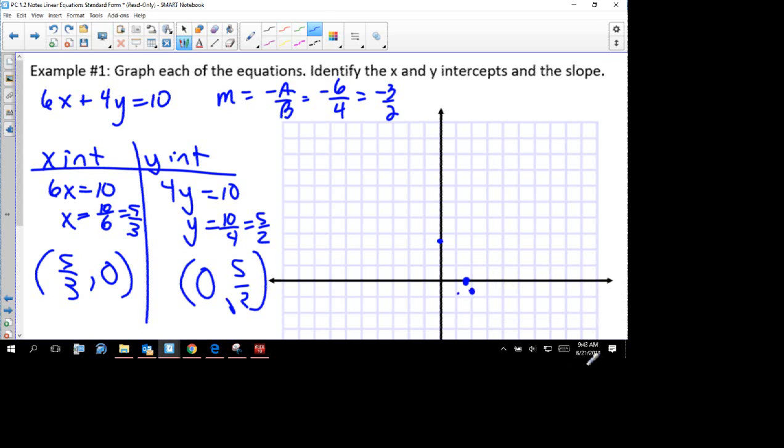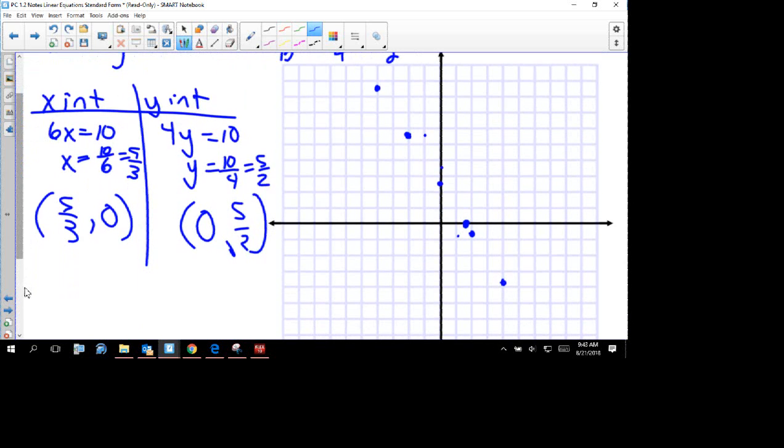And then we're going to go down 3 over 2. And eventually I'm going to run out of space, so I can also go up 3, left 2. Up 3, left 2. As long as you have a few points and then you use your straight edge, you should have a pretty accurate line.